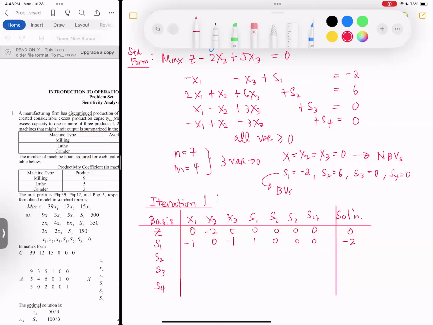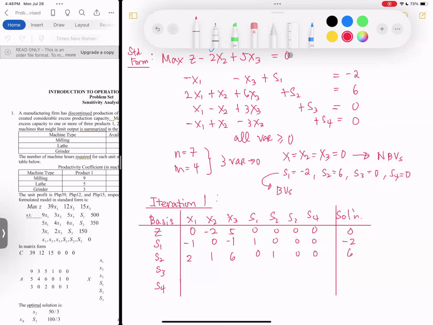Okay, so next you have 2, 1. So we are here already. Okay, so you have 2, 1, 6, 0, 1, 0, 0, and then 6 here.